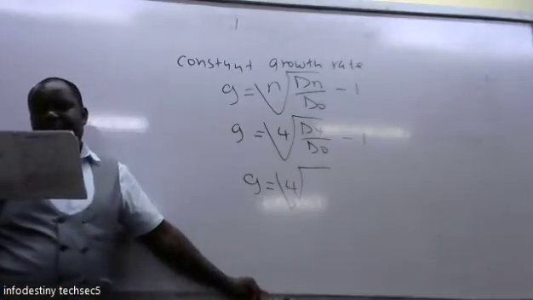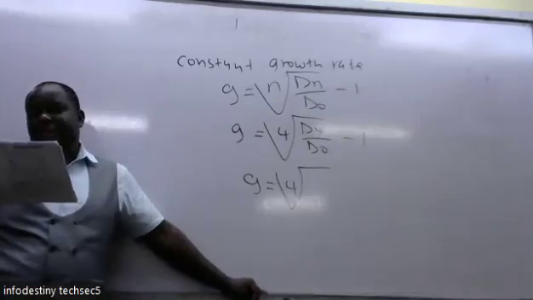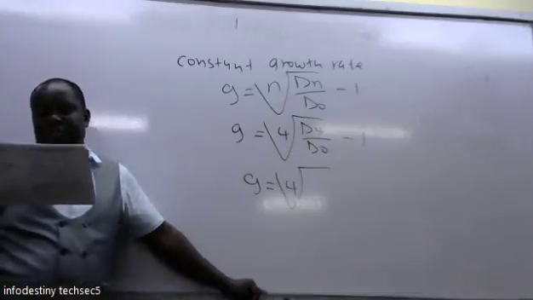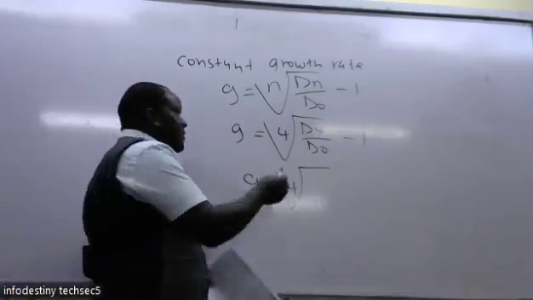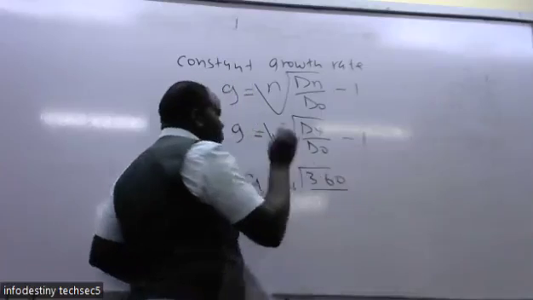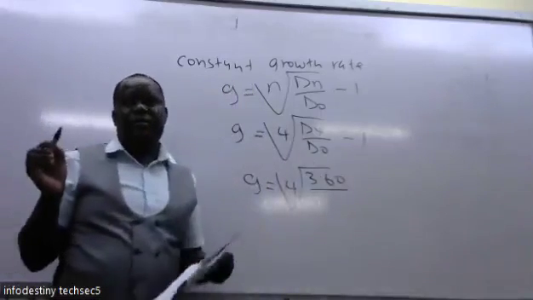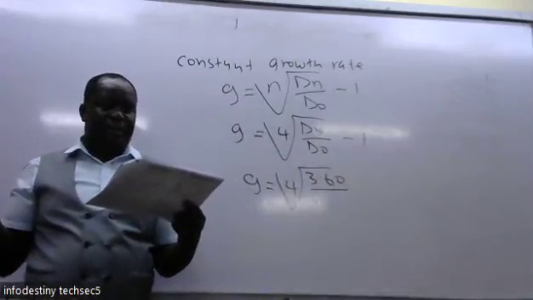Are you able to see in note number 1, 2020? What have we been given as the dividend per share in the year 2020? We shall be taking 3.6, and we divide by D0. D0 is the dividend per share in the year 2016.